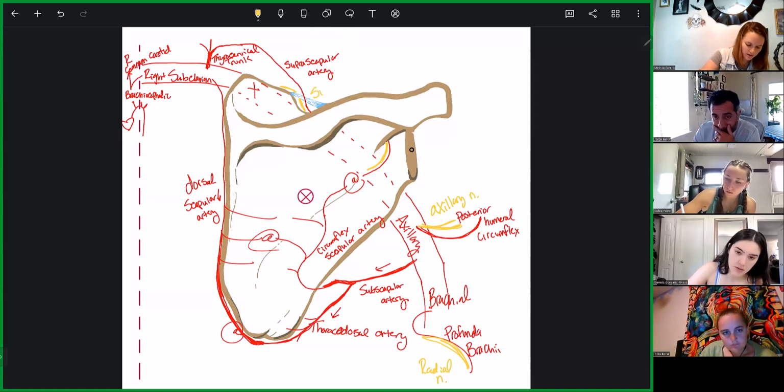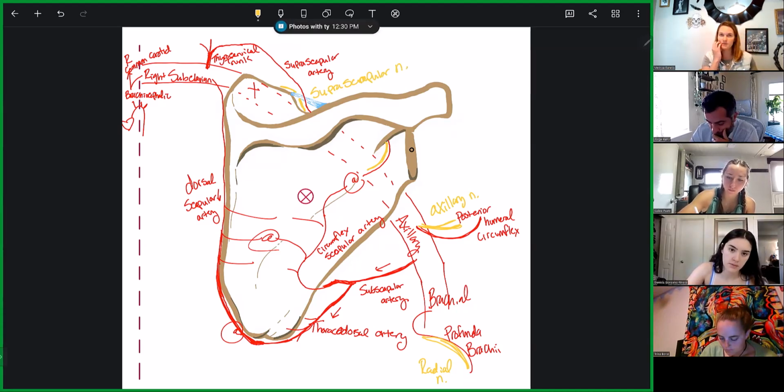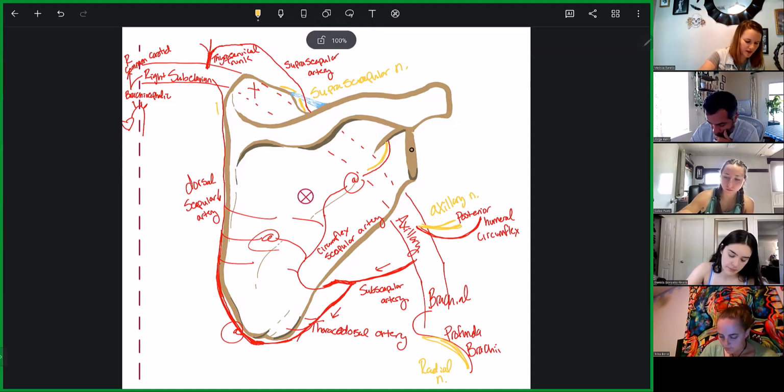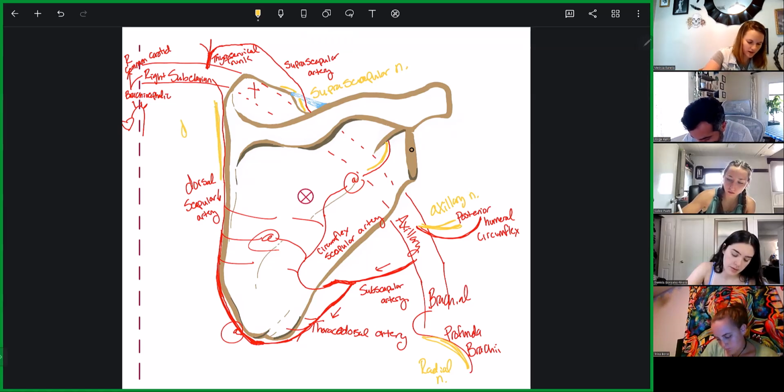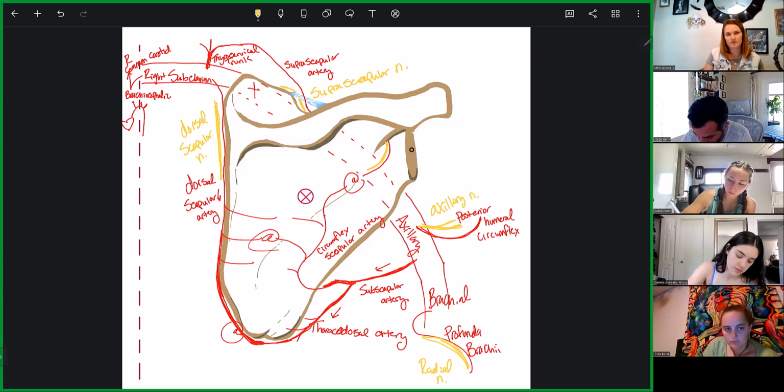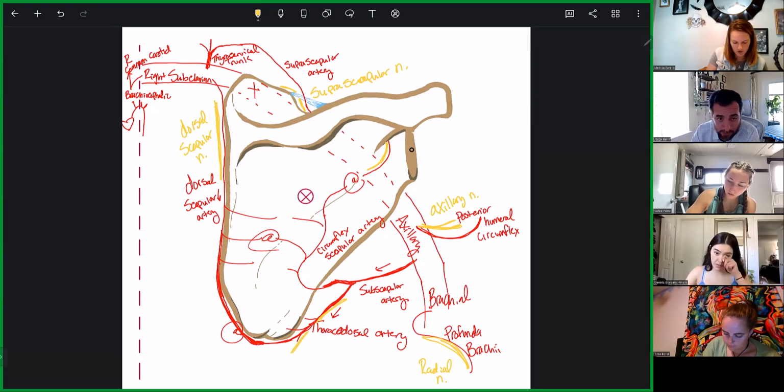This would be my suprascapular nerve. We also have the same name nerve traveling with the dorsal scapular artery, my dorsal scapular nerve. And I would also have the thoracodorsal nerve traveling with the thoracodorsal artery.